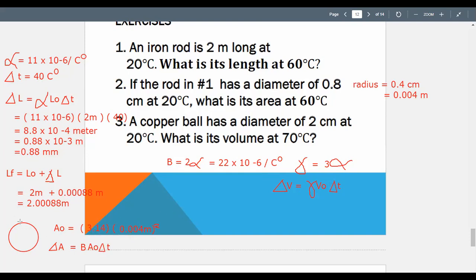That's how we get the area of a circle. But for a sphere, the volume is 4/3 pi r cube. So you need some ways of how to calculate volume and area, except maybe for length. Okay, I think you can try number 2 and number 3.